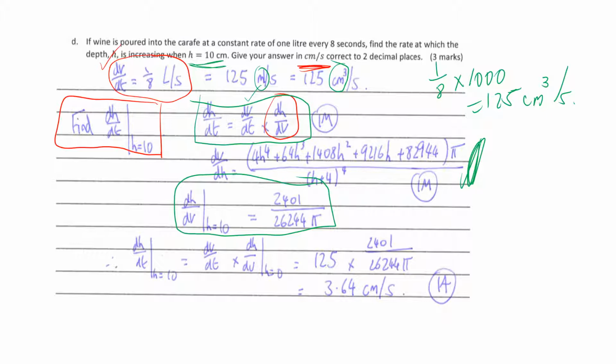We need to obviously reciprocate that. Sorry, that's already done. So that's dV/dH. So we replaced h with 10 and reciprocated to get a dH/dV expression. And so what we're doing is taking 125 centimetres cubed per second and multiplying it with this information of centimetres per centimetres cubed, and then we put it into our CAS under approximate values on decimal settings and get 3.64 centimetres per second as our answer.